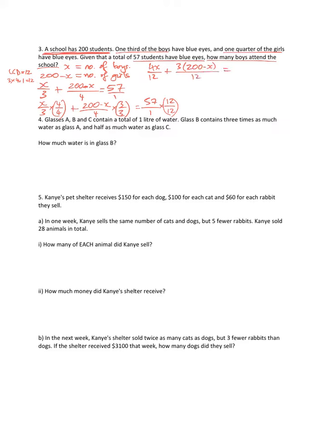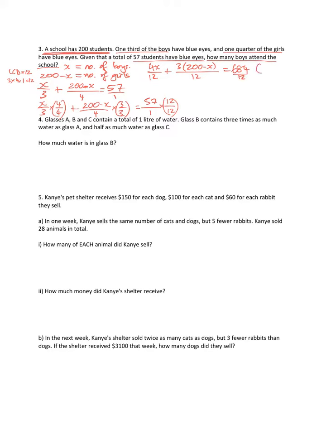Other side, 57 times by 12, 57 times by 10, 570, 2 times by 57, 114, that gives me 684, I believe. 684 on 12. You'll have your calculator for the test anyway.